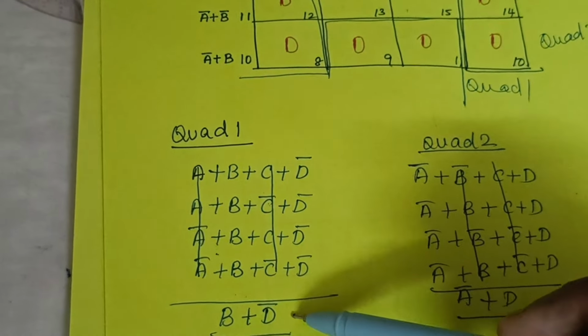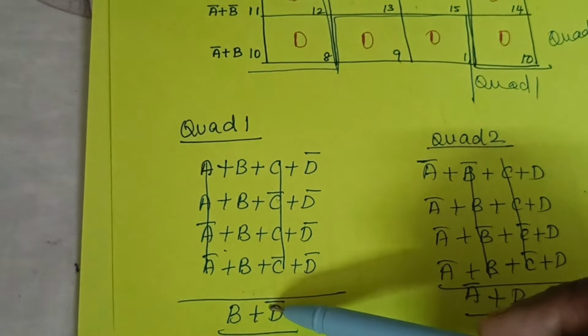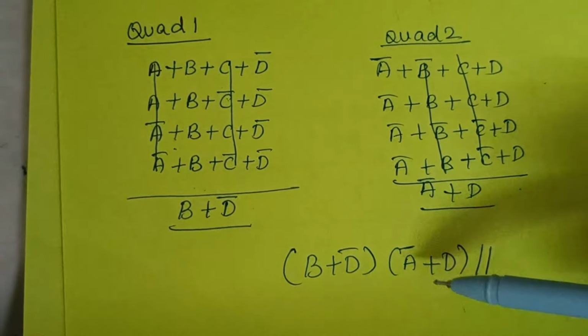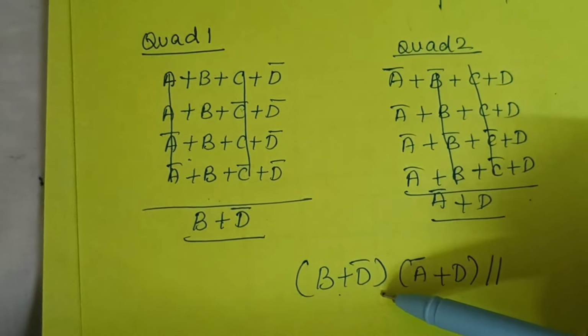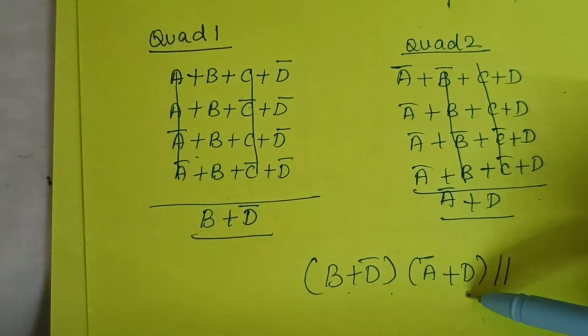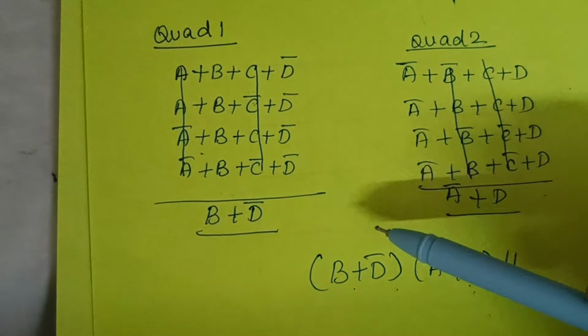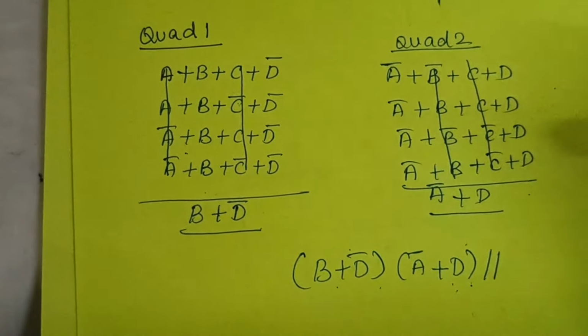But between these two variables, you mention the plus sign. The same way for quad 2. So the final answer will be B plus D complement, multiplied by A complement plus D. This is nothing but product of sums. I hope everyone is clear.